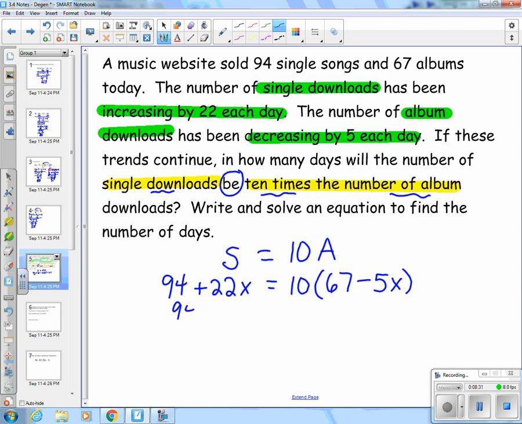Let's start out with that distributive property and multiply. You're going to have 670 minus 50x. Then let's add 50x to both sides so that we keep our variable positive. So we'll have 72x plus the 94 equal to the 670.